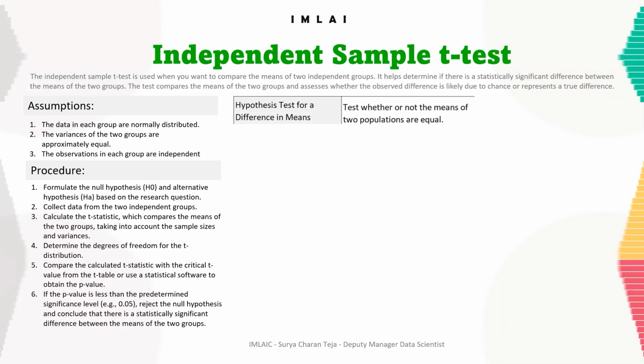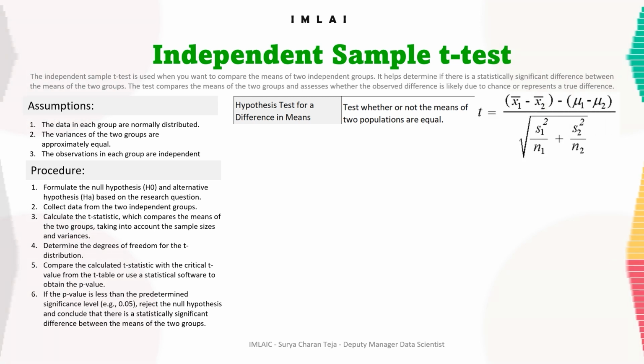Okay, so how do we calculate the observed t statistic? That's using this formula. For a hypothesis test for difference of means, this is how we calculate. We will take up two groups, and the two groups will have separate means, x1 bar and x2 bar.